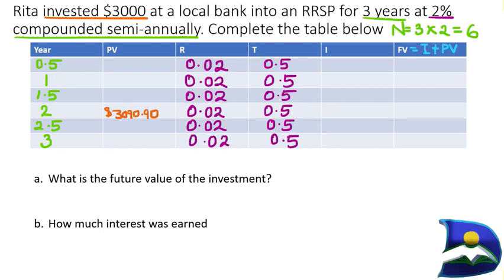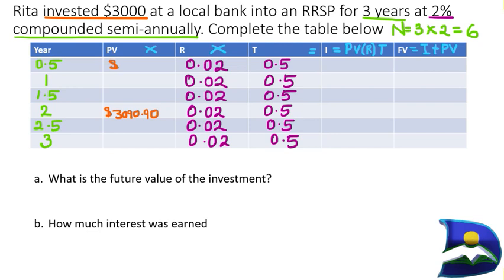6 times in here. But then the next part is to determine the present value, and the present value here for a start is going to be multiplied by the rate, and this is going to be multiplied by the time, and this will be equal to the interest, which is the present value, or principal times rate times time. So as a result, what is the present value before 0.5?